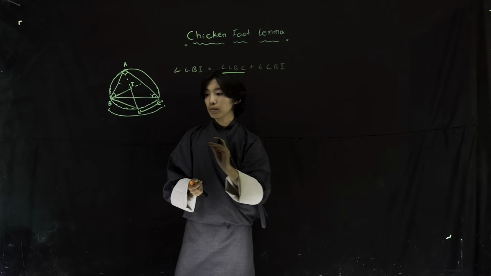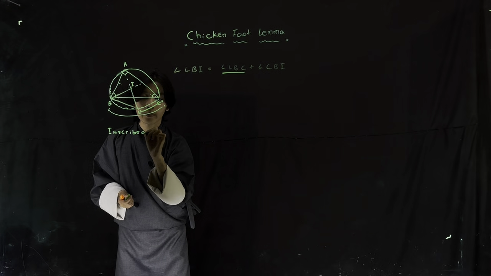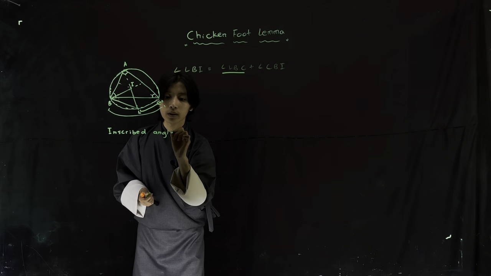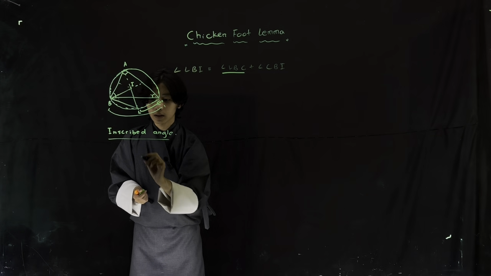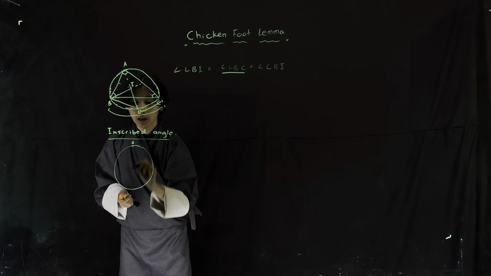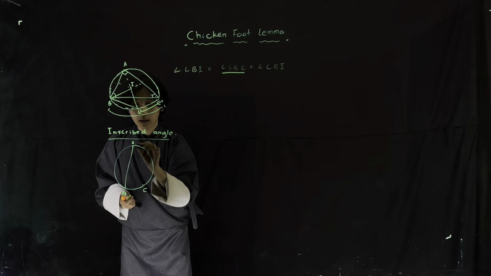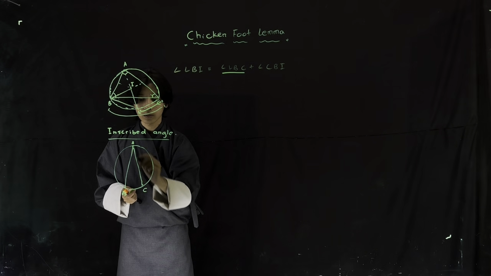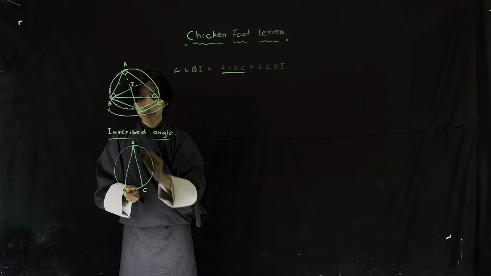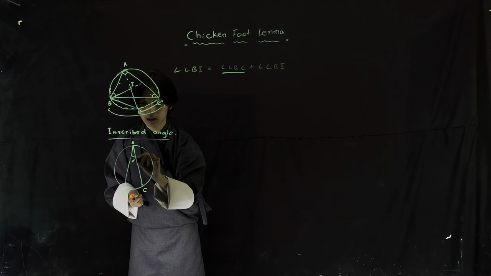Let's look into the inscribed angle theorem first. According to the inscribed angle theorem, if you have a circle here, let's say this is point A, point B, and point C, and they share a chord. We draw a chord between these points, and let's say the angle created at A is alpha.